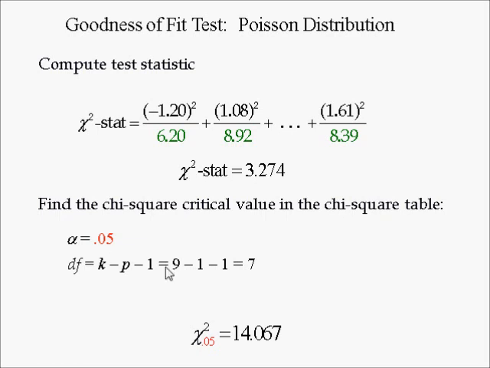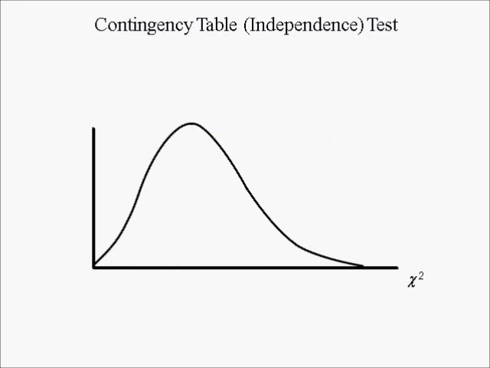So we go to row 7 of the chi-square table and column 0.05, and we get 14.067. Now, the distribution of a chi-square is this skewed distribution. It is not symmetric.